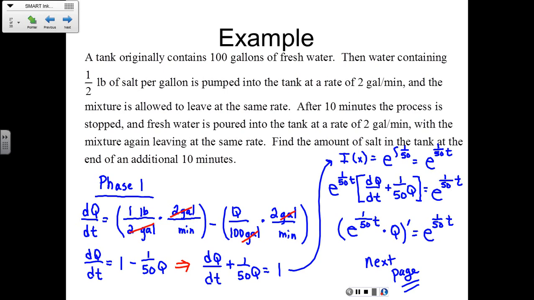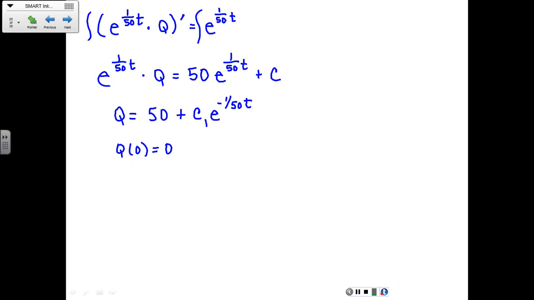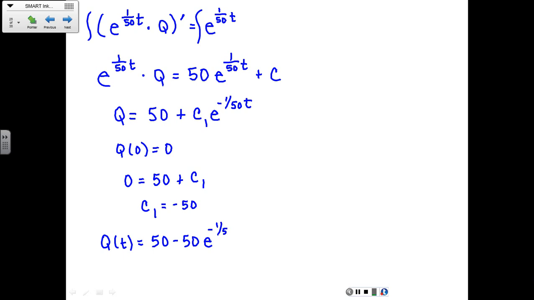Okay? So Q is equal to 0 at time equal to 0. 0 equals 50 plus C1. So what's C1 equal to? So Q of t is 50 minus 50 e to the negative 1/50th t. There's my model. That's the model there.